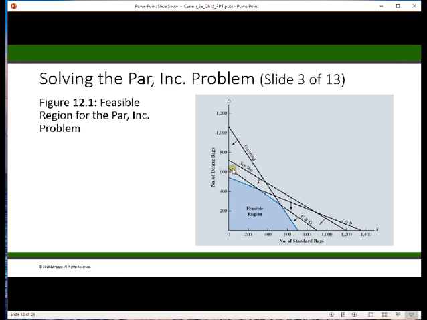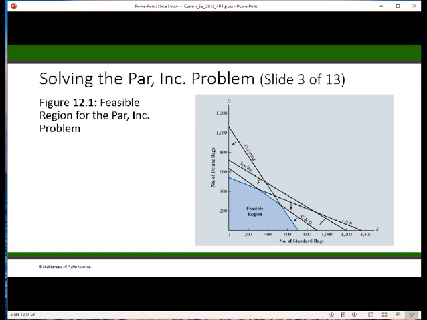So obviously each one of our constraint functions, defined in terms of the decision variables, number of deluxe and standard bags, forms a line in our Cartesian space, and they are all going to intersect, and this blue region is the set of points that satisfy all of the existing constraints.